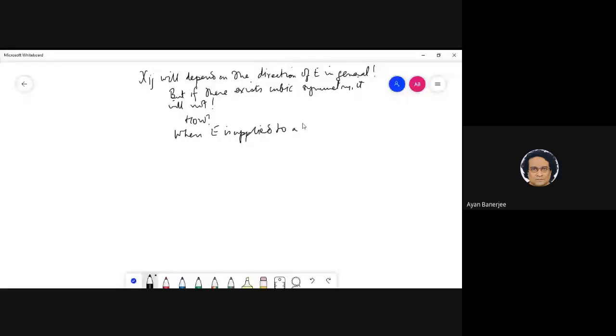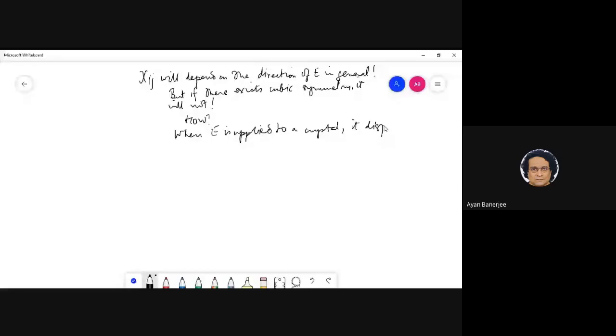When you apply E to a crystal, there is displacement of electrons and ions from their equilibrium positions in the lattice, and this causes a net dipole moment.